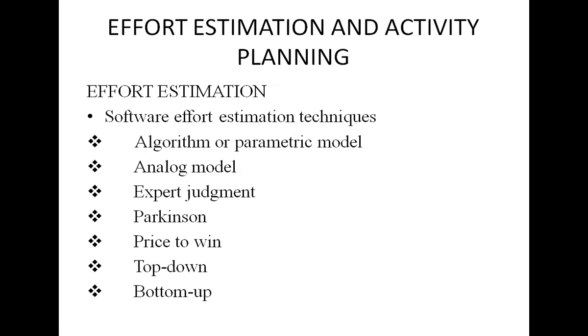Barry Boehm, with his classical work, identified several ways to estimate software effort. These are the techniques to estimate effort. There are 7 techniques: first, the algorithmic or parametric model, then the analogy model.